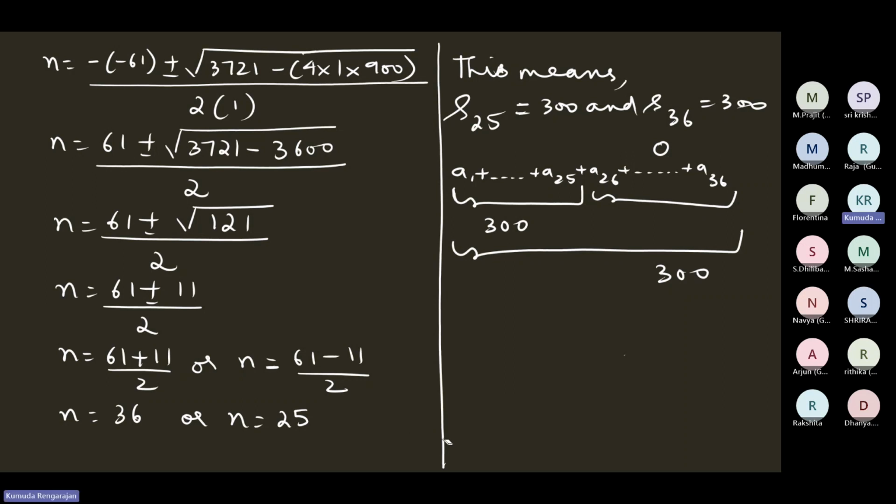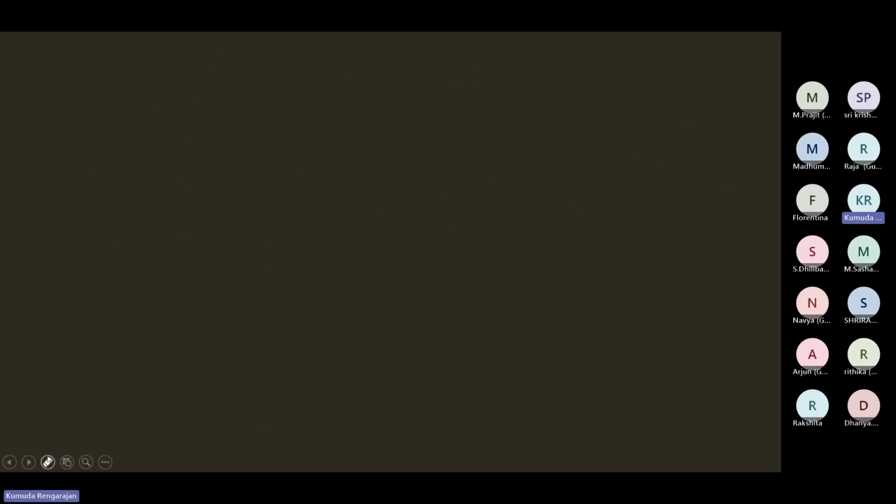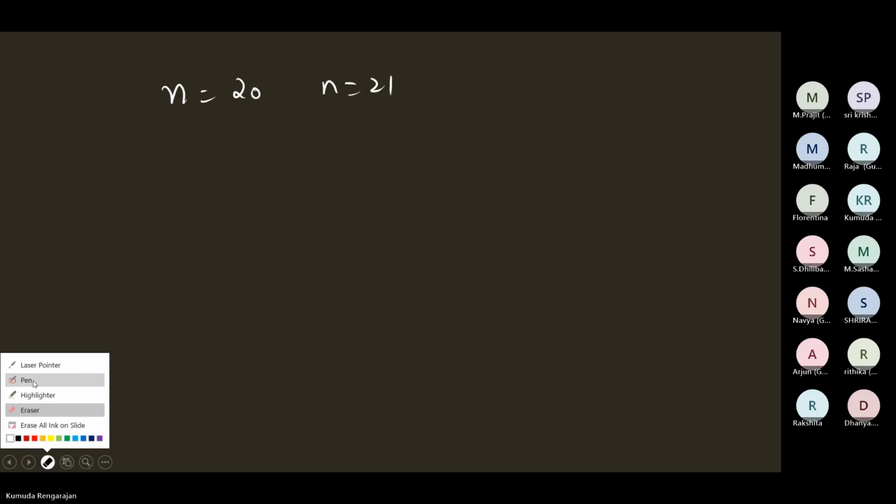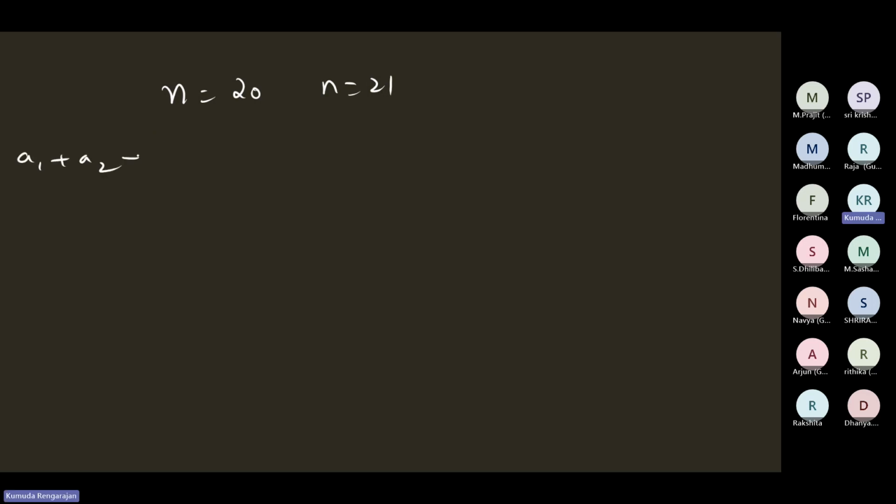So these are the two cases you will get. If you get two values for n like this, n is equal to 20 and n is equal to 21, that means A1 till A20 and A1 till A21.